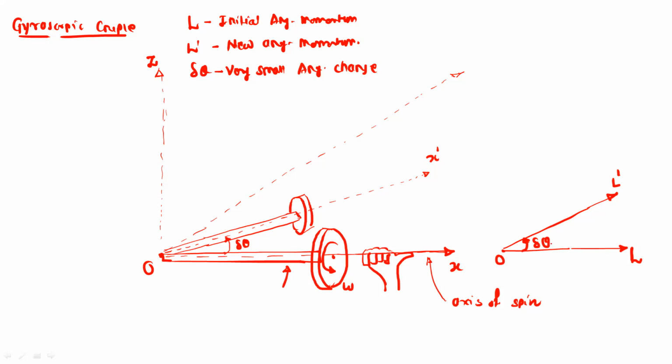As delta theta is very small, the change between L dash and L can be written as dL. So this is the small change in the angular momentum.